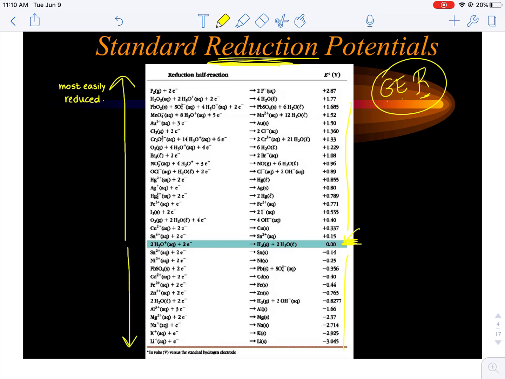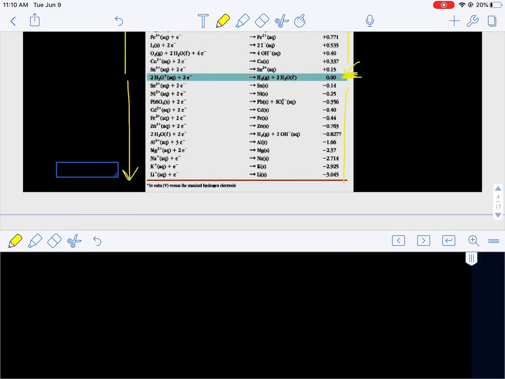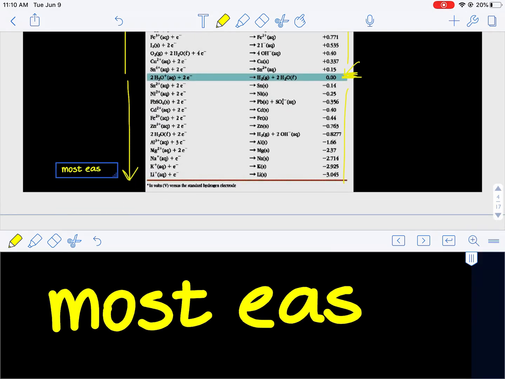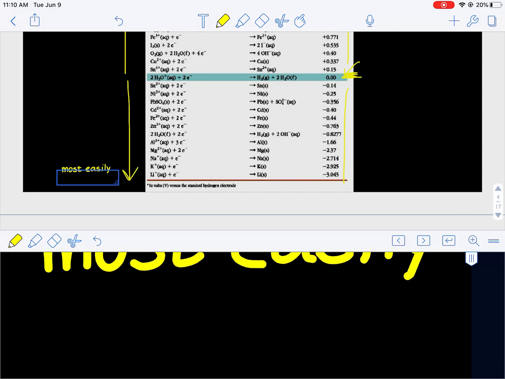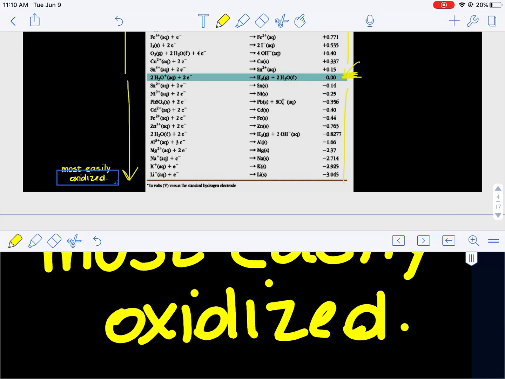That's right, they're going to be the ones that are the most negative in value, or the ones that are at the bottom of the chart. Most easily oxidized will be at the bottom.